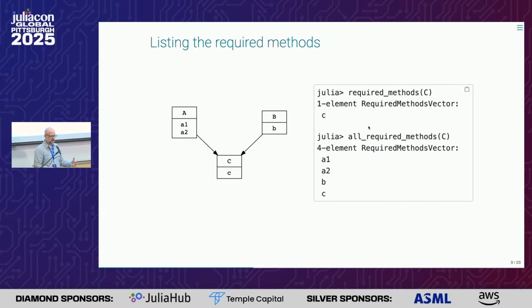To get that full list of all the required functions that you need to implement, you can use the all required methods function on this interface C. It returns the list A1, A2, B, and C.